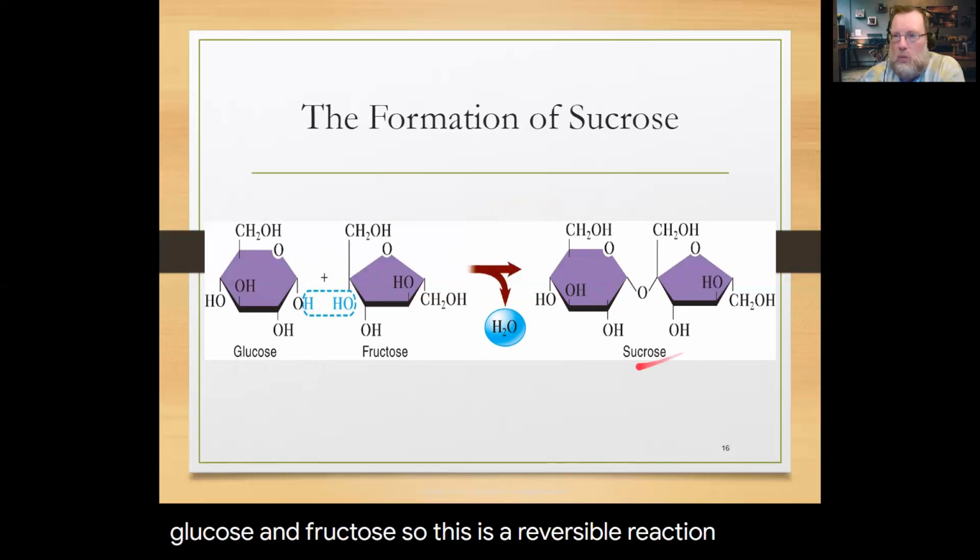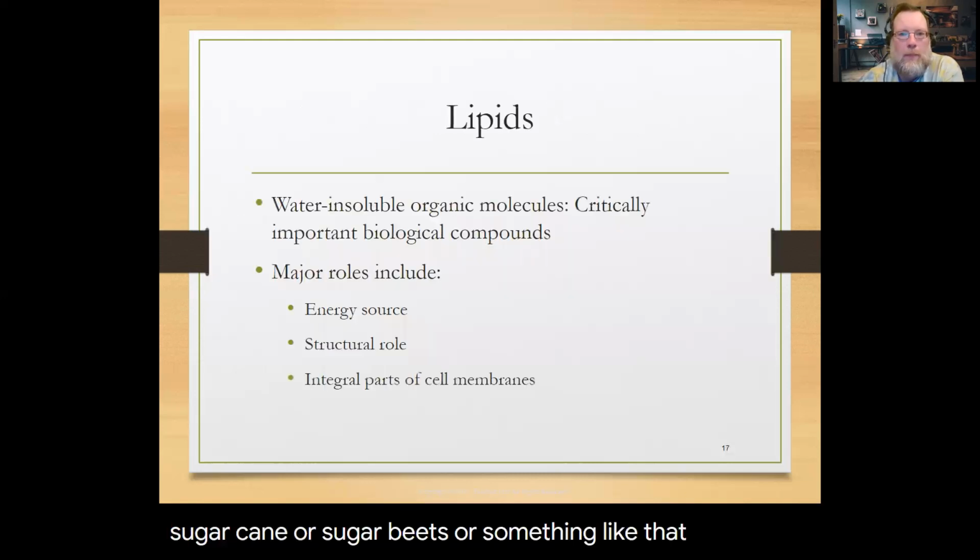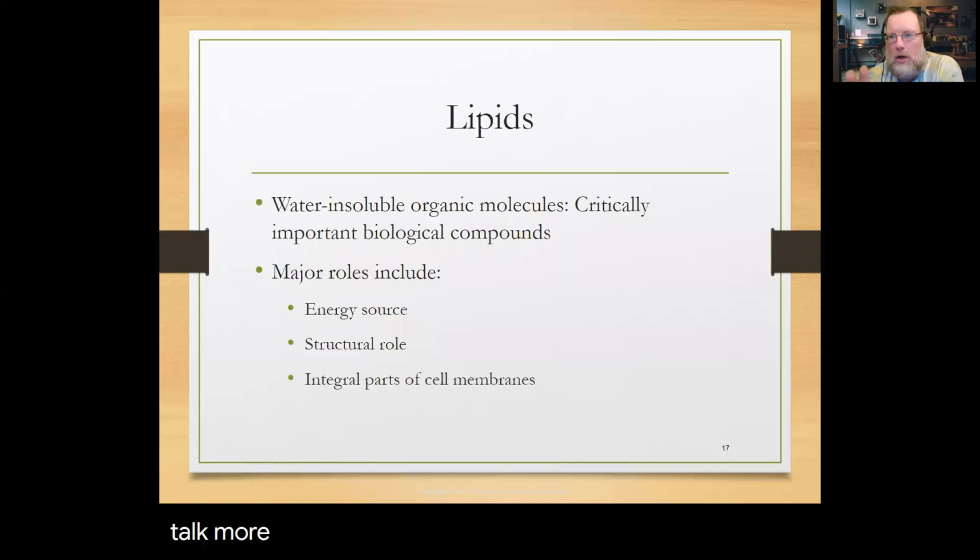Sucrose, by the way, is white granulated sugar that would maybe come from sugar cane or sugar beets or something like that. We'll talk more about carbs, fats, and proteins at the end too, when we get to digestion at the end of the semester.